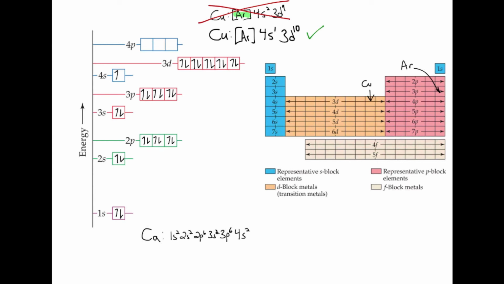Now, when we go beyond copper to, say, nickel, so let's highlight where nickel is in the periodic table. So nickel happens to be right here. The electron configuration for nickel does not adhere to this principle, right?